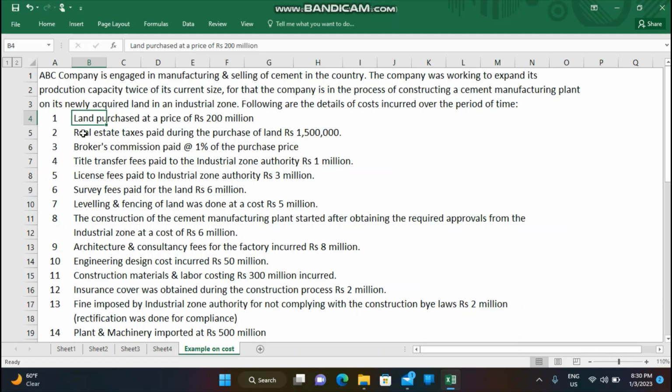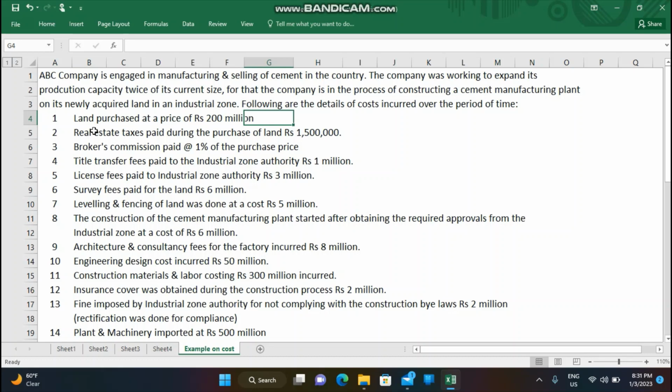Okay. So first one is land purchased at a price of rupees 200 million. We all know, when we studied the elements of cost, that purchase price less discounts or rebates, adding any import duties or non-refundable purchase taxes, plus any directly attributable cost which is necessary to bring the asset to its location and condition for its intended use will be included as the cost of fixed asset or property, plant and equipment.